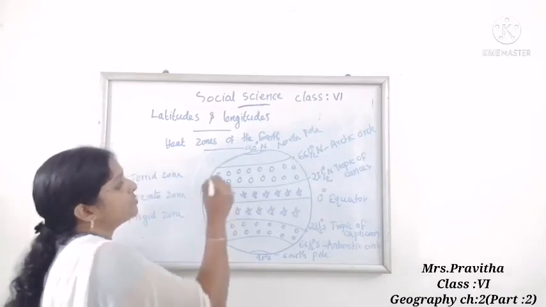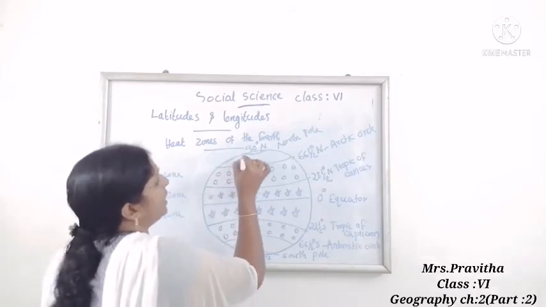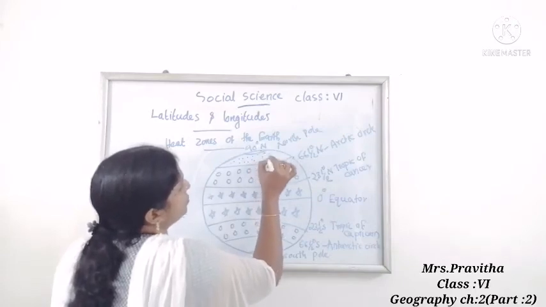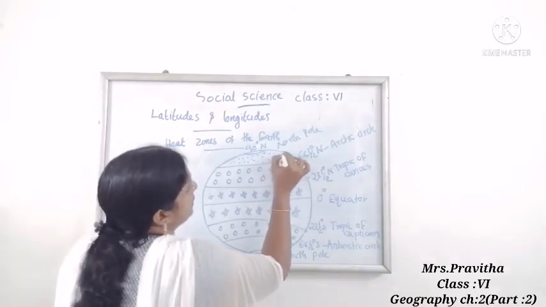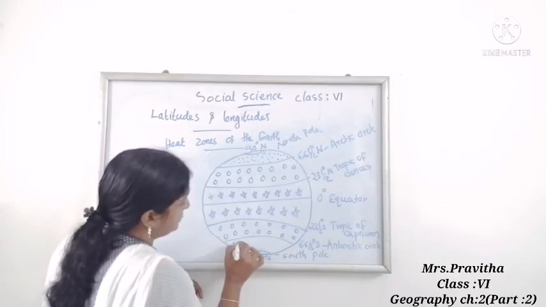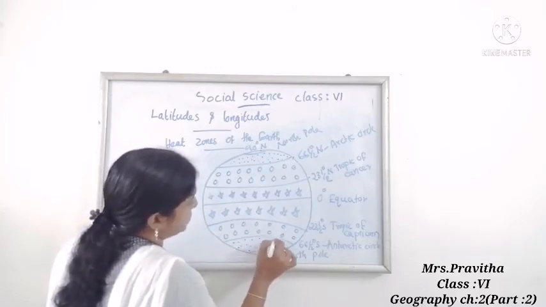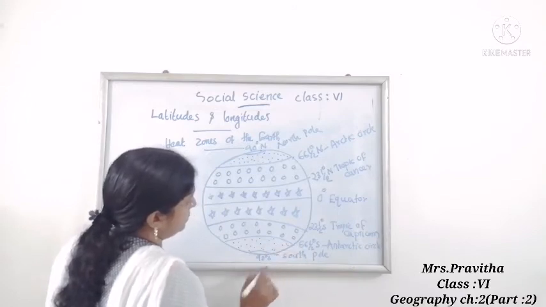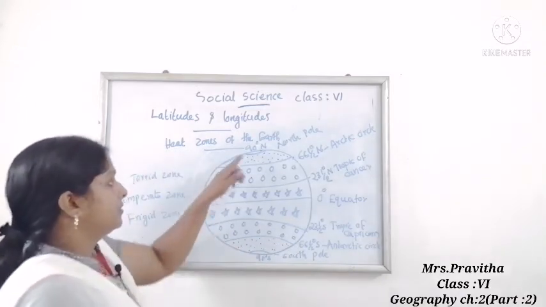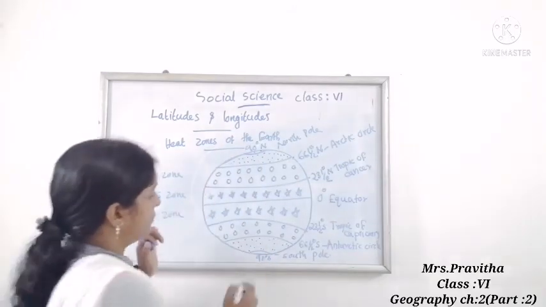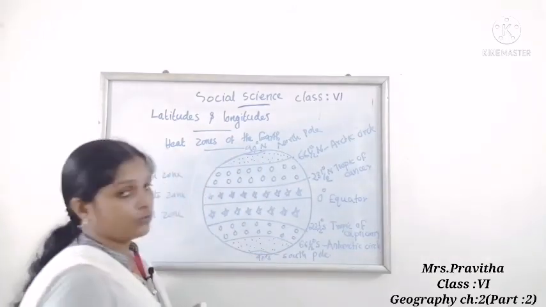Ma'am is using some dots so you can identify each zone very easily. This dotted region is the frigid zone.